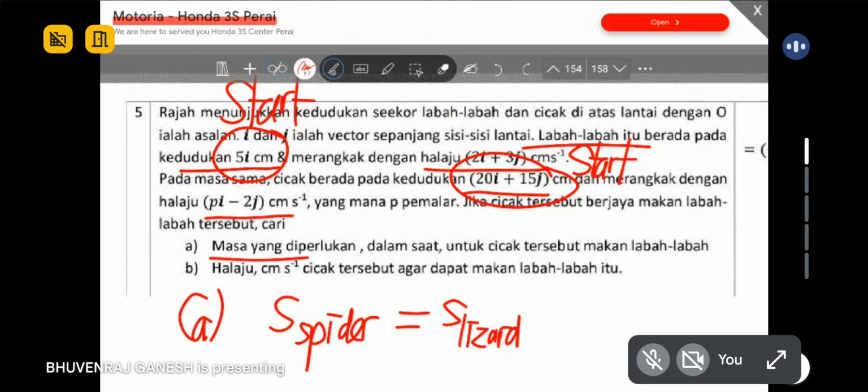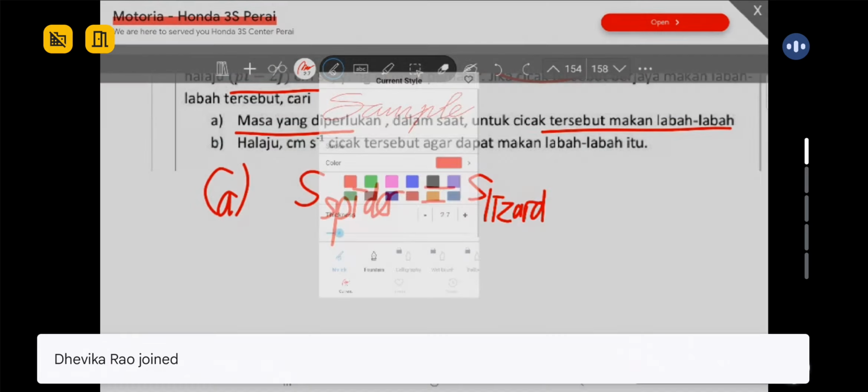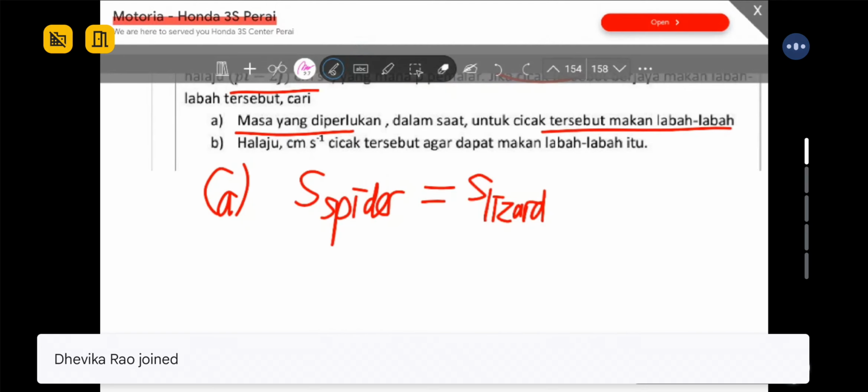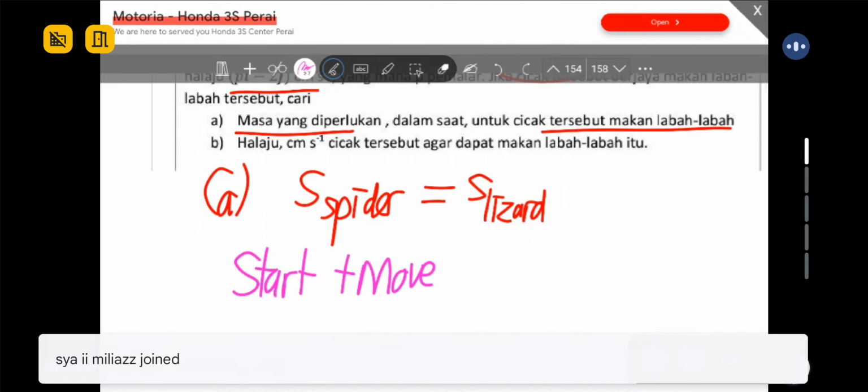So the question is, they want to find the time taken. Masa yang diambil. How to calculate distance, guys? Macam mana cari jarak? Common sense. You have to take the starting position plus how much you move. Am I right? Kedudukan kamu mula tambah berapa jauh kamu gerak.